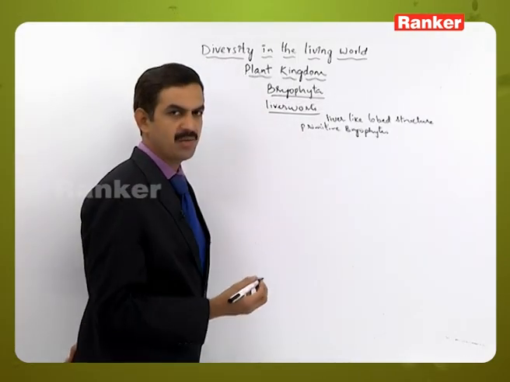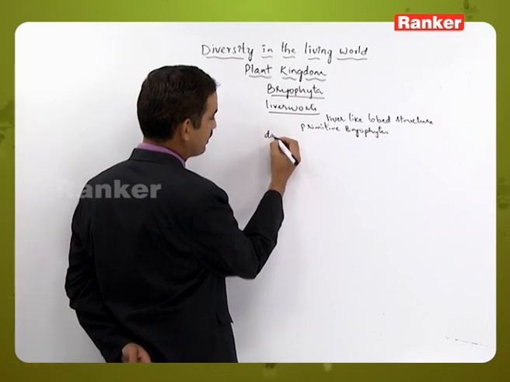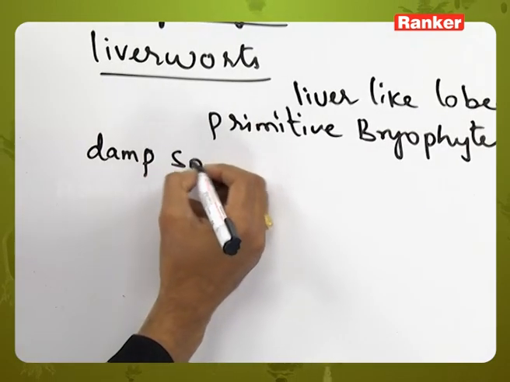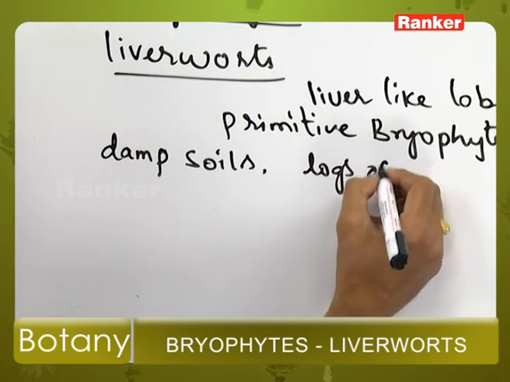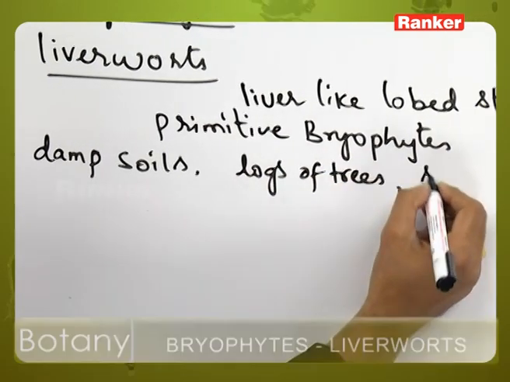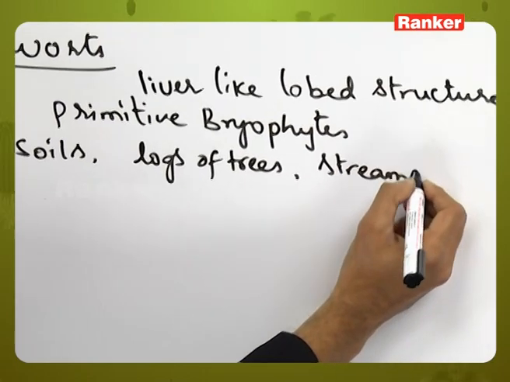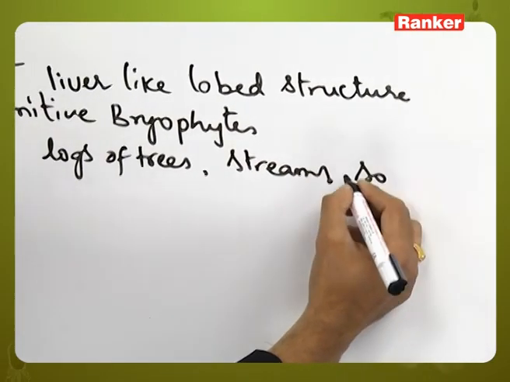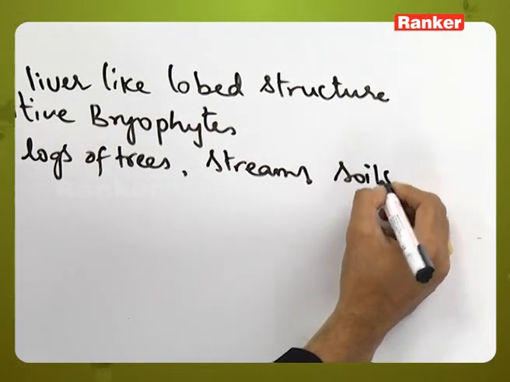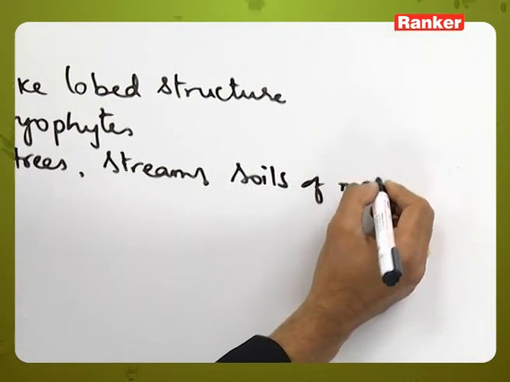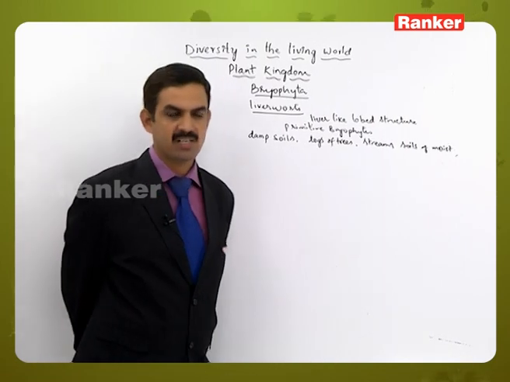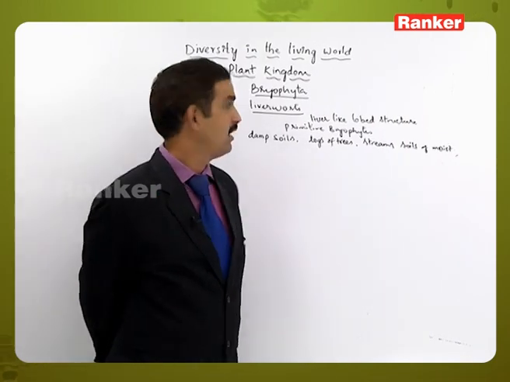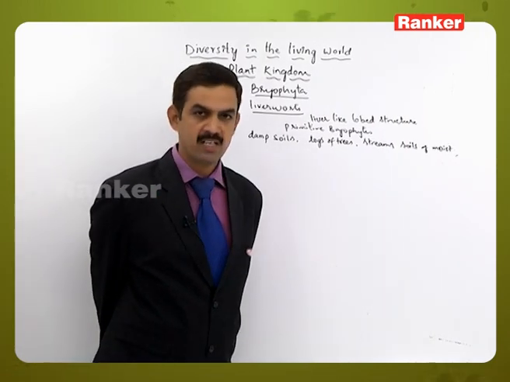and these are mostly seen in damp soils, logs of trees, in the streams, soils of moist condition, and likewise wherever moist and shady places are there, in those areas these liverworts are most frequently growing.